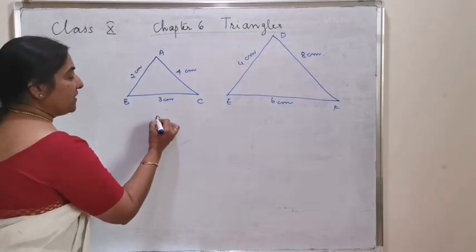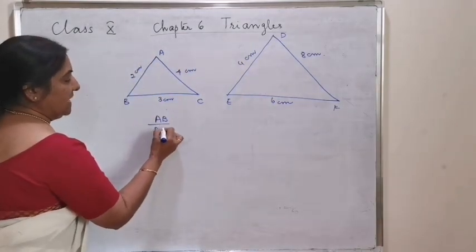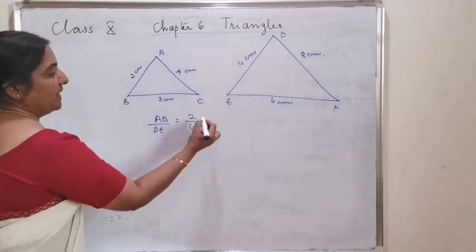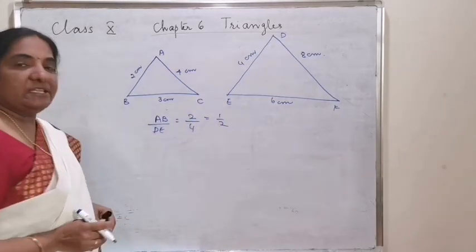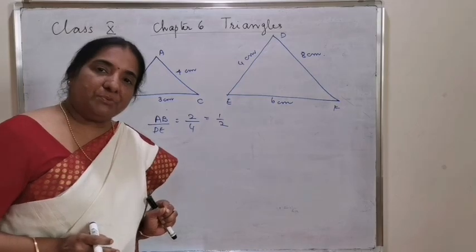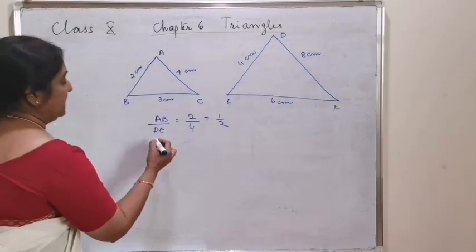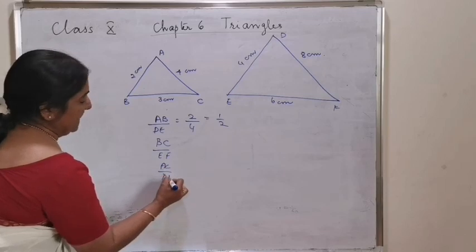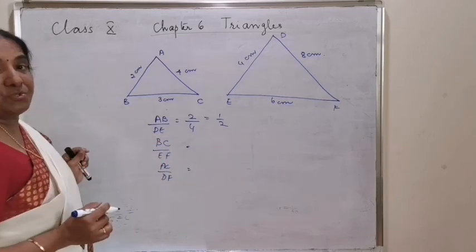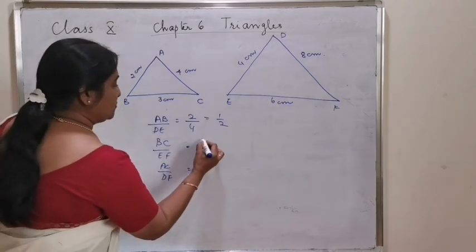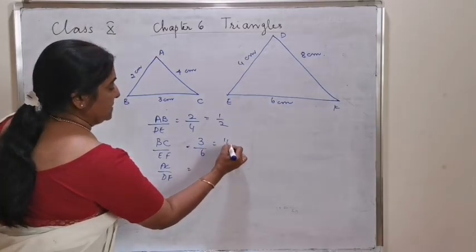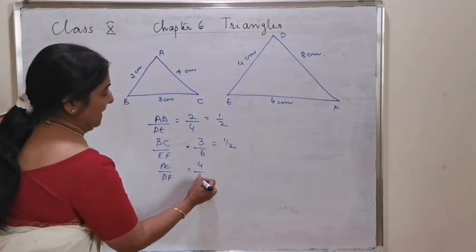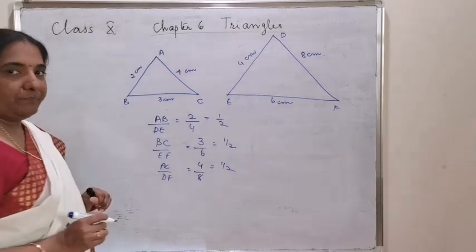So the ratio of AB and DE is 2 by 4, or it is in the ratio 1 by 2. Let's see whether BC by EF and AC by DF is also the same ratio. 3 by 6 is 1 by 2, 4 by 8 is 1 by 2.